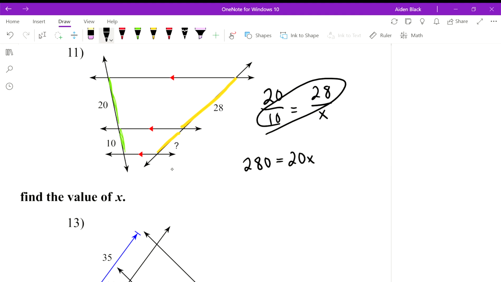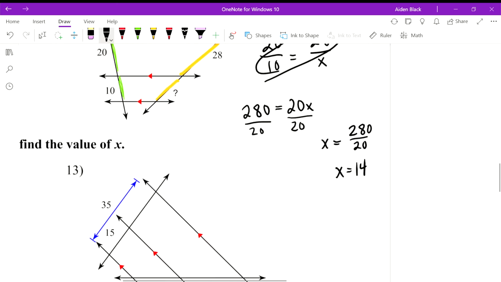Okay, divide both sides by 20. We get x is equal to 280 divided by 20. If you simplify that, you should get x equals 14.